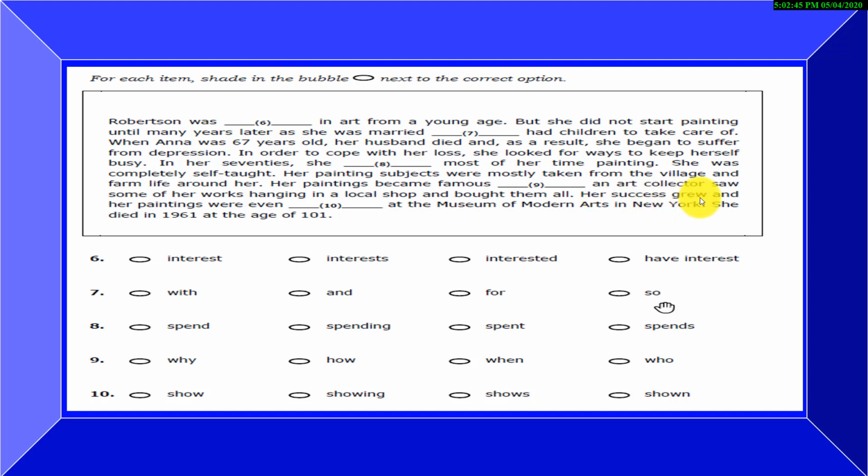Her success grew. Grow is present, grew is past. Her success: the verb is succeed, successful is the adjective, success is the noun. Her success grew and her paintings were even shown: show, showing, shows, or shown.